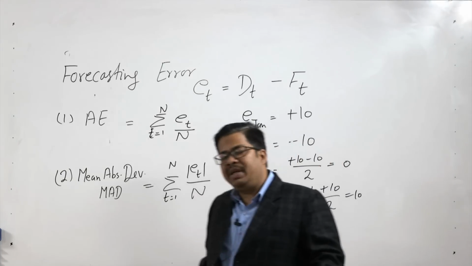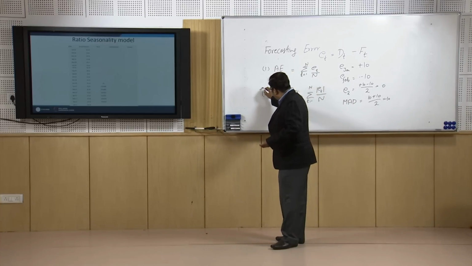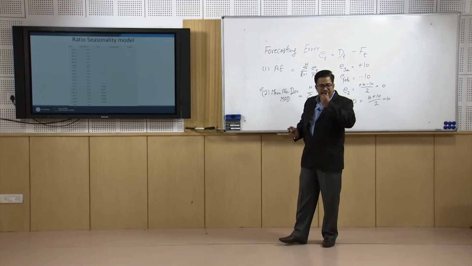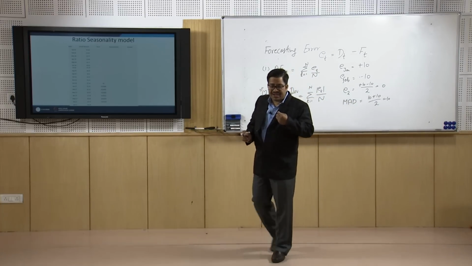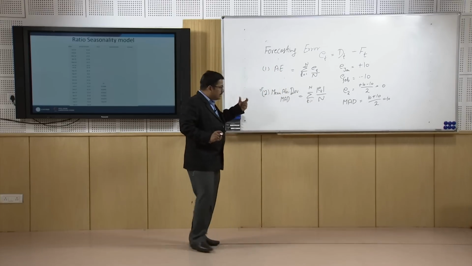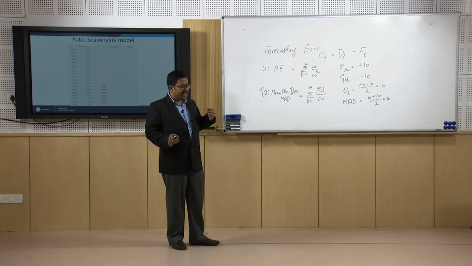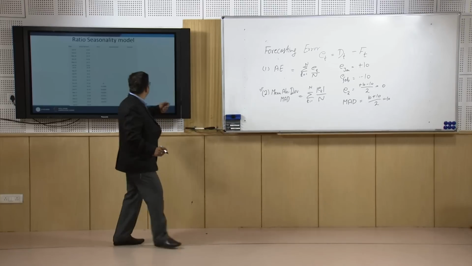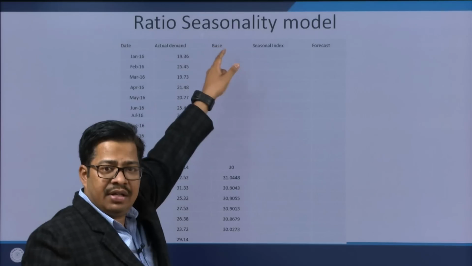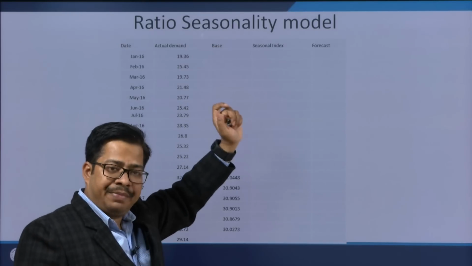So, mean absolute deviation is a very popular measure of forecasting error, and this mean absolute deviation helps us in determining whether we have taken a correct forecasting model or not, whether we are considering seasonality it is appropriate or not.